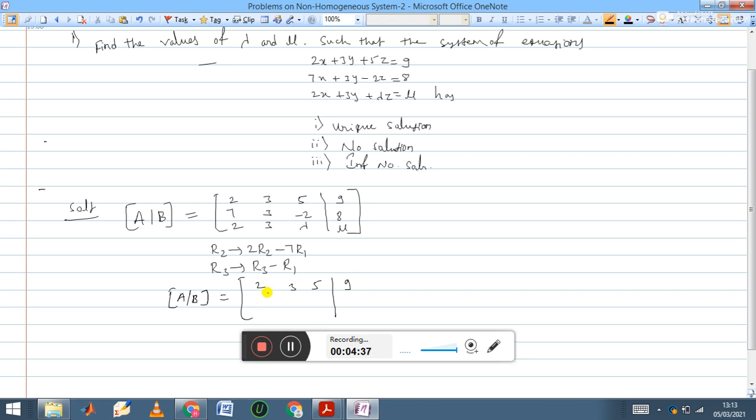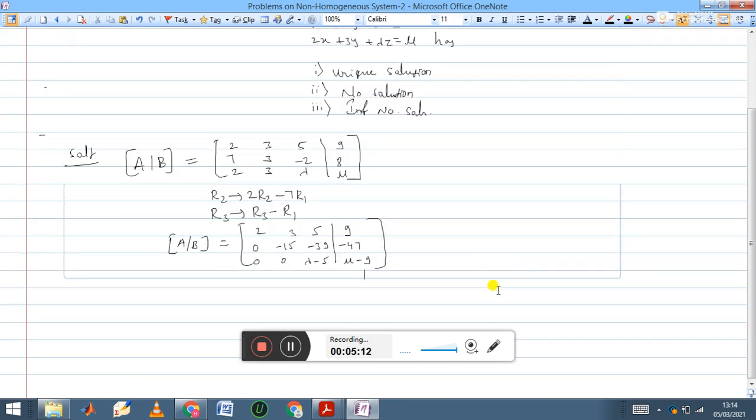On the second row you are using 2R2 minus 7R1, then your second row elements become 0, minus 15, minus 39, minus 47. Then on the third row use the operation R3 minus R1, then your elements become 0, 0, lambda minus 5 and mu minus 9. Yeah, this is your matrix.